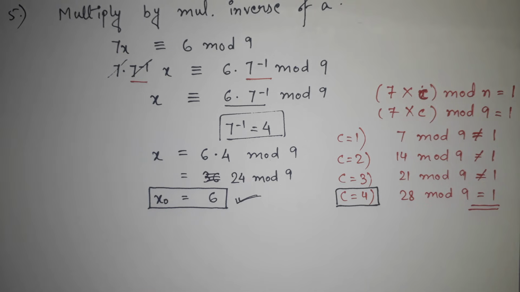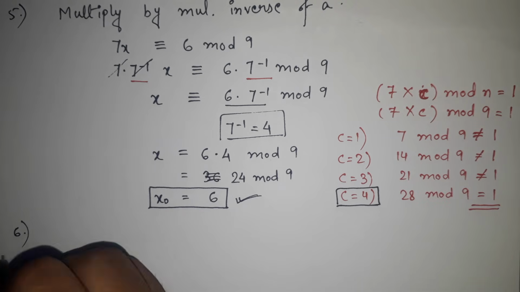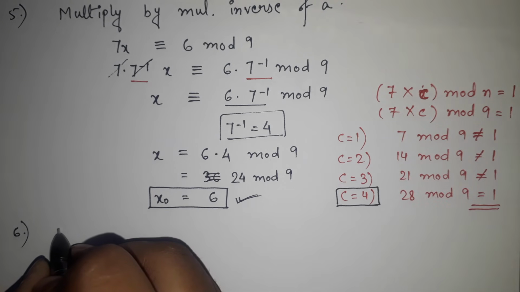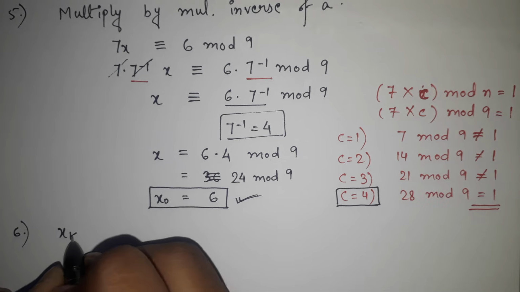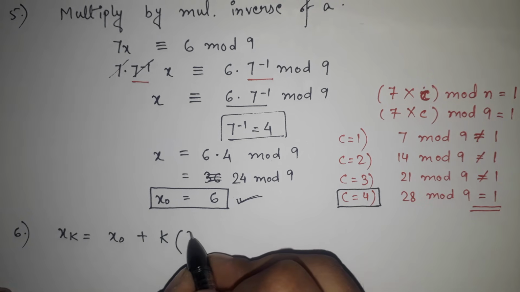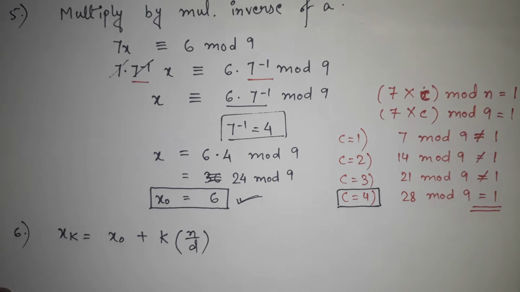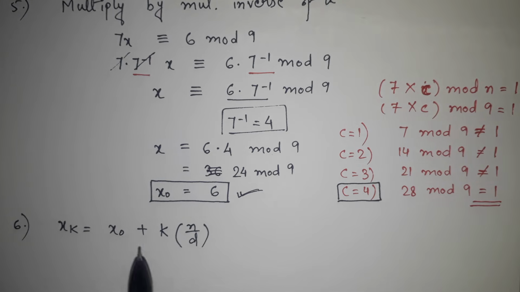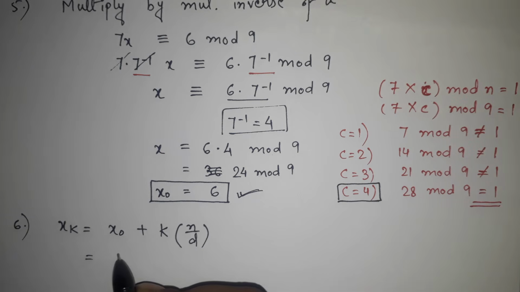In the steps that we have discussed, the general equation of finding x is xk equal to x0 plus k into n by d. This was the general step of finding x. So here we already have x0, that is 6, plus k. By default we will take k as 1, 2, 3.